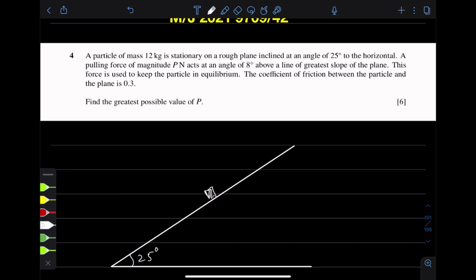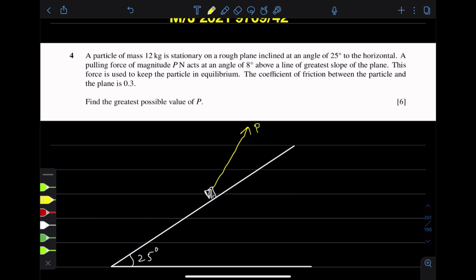Now the force is P. This is the force. This force is P, making an angle 8 degrees above a line of greatest slope.